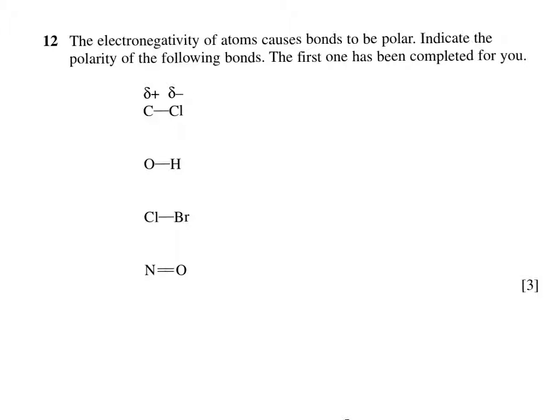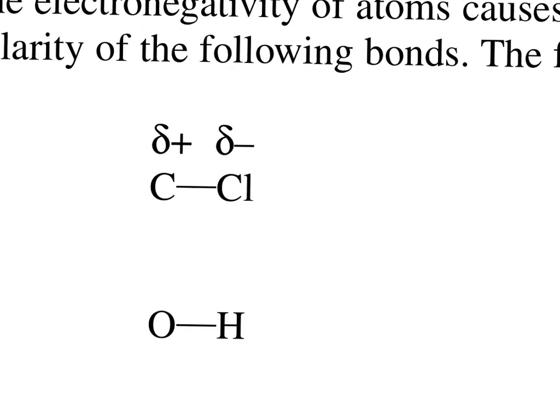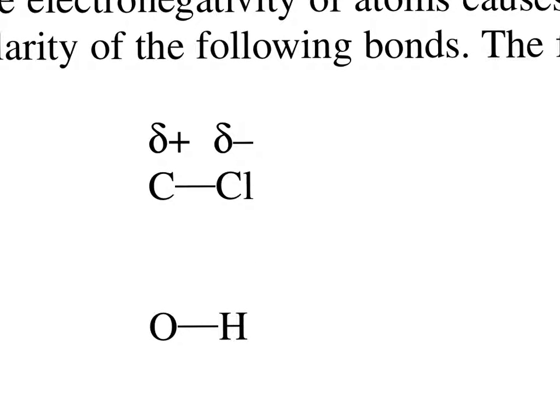That means that within the carbon-chlorine bond, chlorine attracts the bonding pair of electrons with a stronger force, and so the electrons sit slightly closer to the chlorine than the carbon, and so that gives it a slightly negative charge.